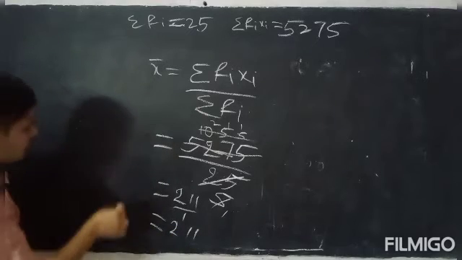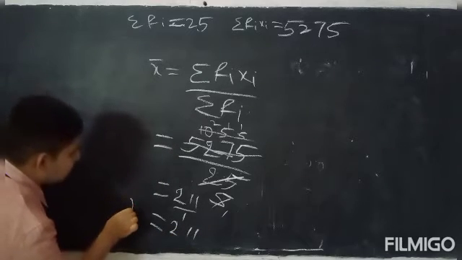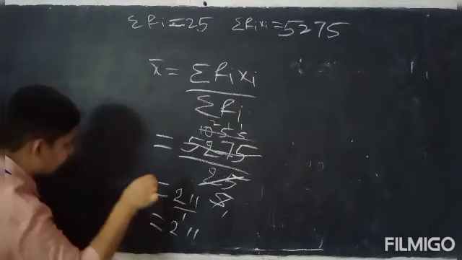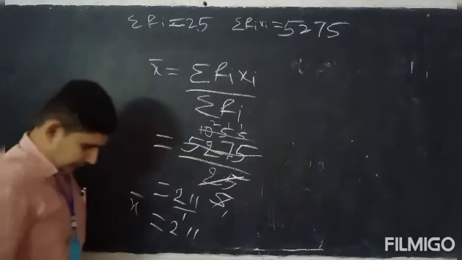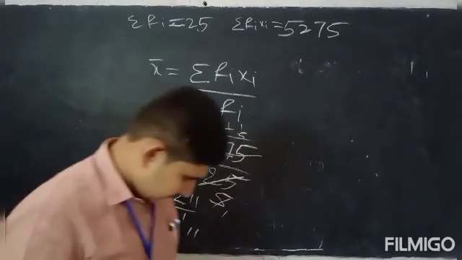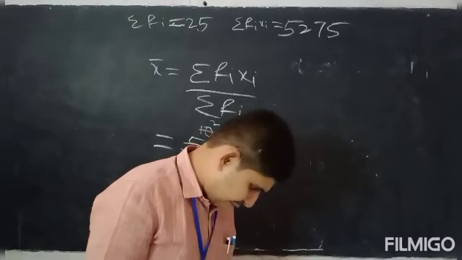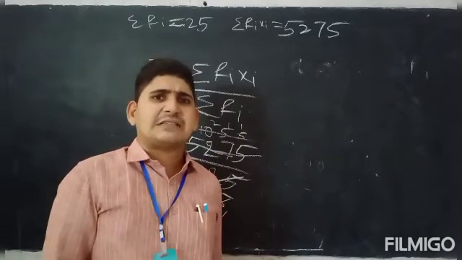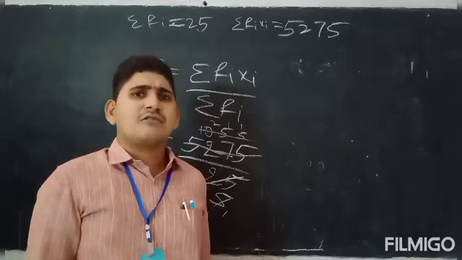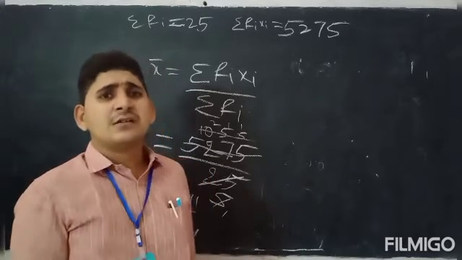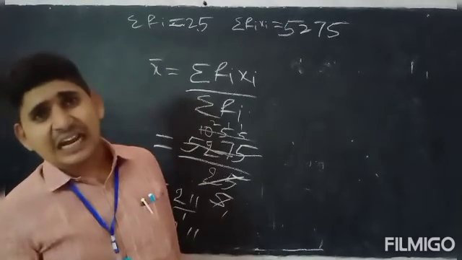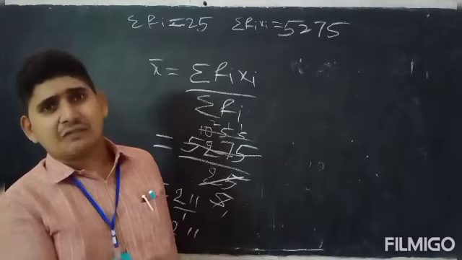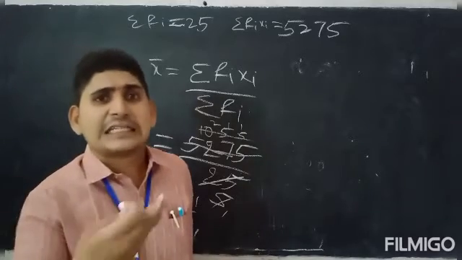That is nothing but the mean value. So the mean daily expenditure of households is 211. This is the sixth problem by using the direct method.